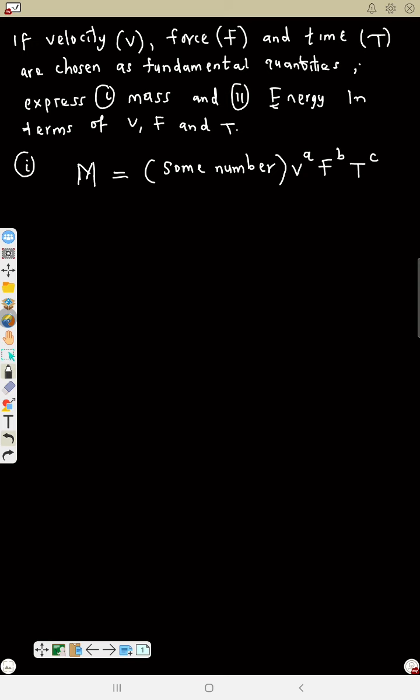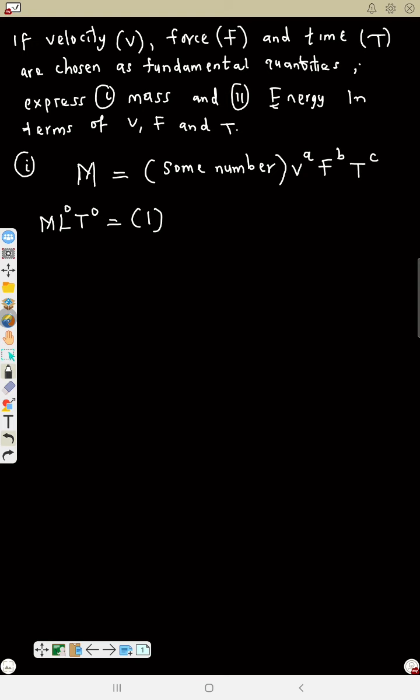So that means we can go further. Mass is M already, so we can say M L raised to power 0, T raised to power 0, to write it in terms of MLT. So some number will be 1.